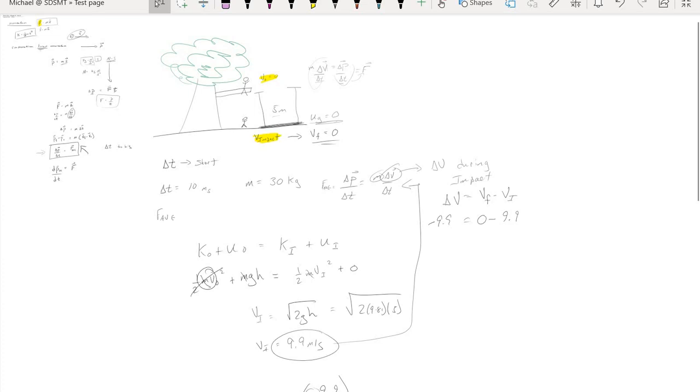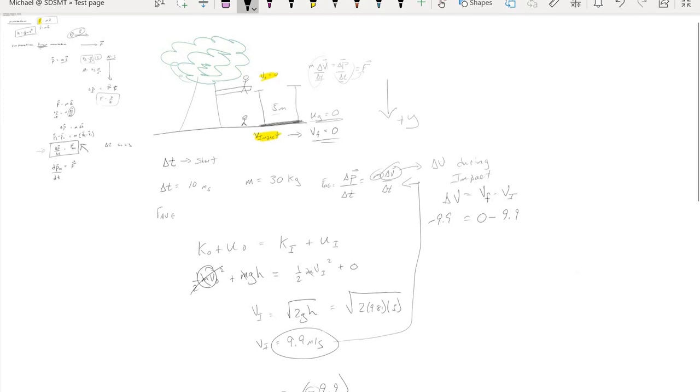You'll notice in my picture, I did not specify a reference frame. And anytime we're working with vectors, we do need to have a reference frame. Since the child is falling, and we're going to see all of the motion of the problem pointing down, I'm going to go ahead and let down be the positive direction for this system.